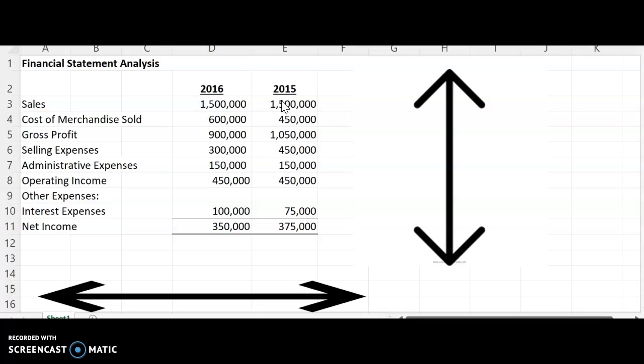And among those, we can compare one company to another company in the same industry, as we discussed in our lecture. So we have lots of ways to compare, and we're going to be talking about ratios in this chapter.